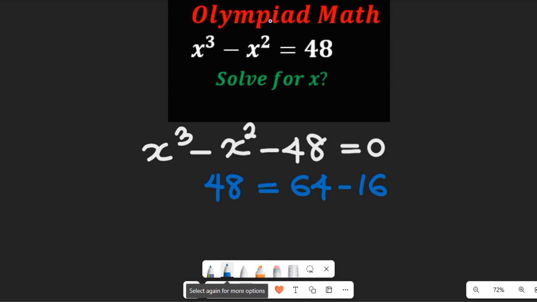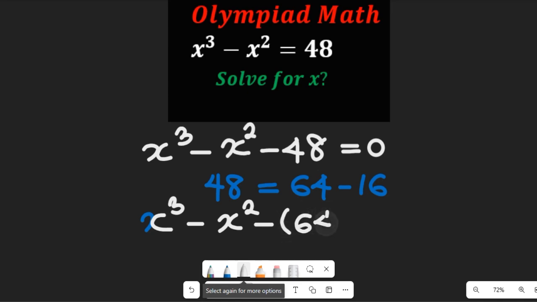And if I replace that expression with 48, I'll have x to the power of 3 minus x to the power of 2 minus, I'll have this become 64 minus 16, and all of this will be equal to 0.